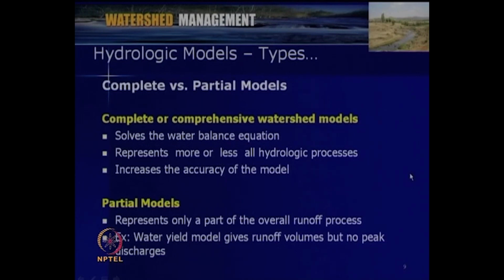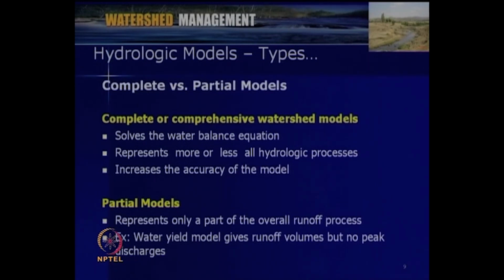Then the second type of model is called complete versus partial models. Complete models, or comprehensive watershed models, consider most of the hydrologic processes taking place. Here we solve the water balance equation, and it represents more or less all hydrologic processes.